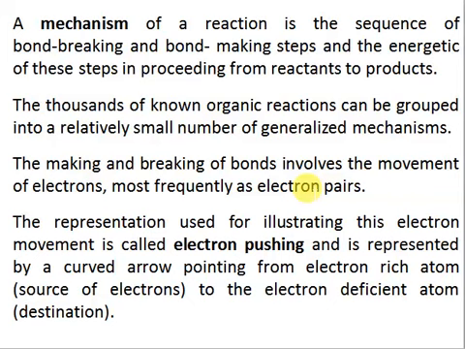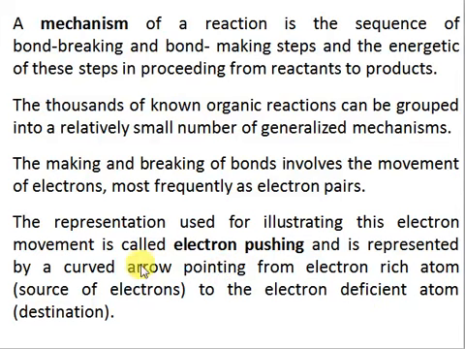right? So when we represent the movement of electrons, this representation of movement of electrons is known as electron pushing. Right? So this electron pushing is represented by a curved arrow, and the direction of the curved arrow is always from an electron rich atom or group of atoms to an electron deficient atom or group of atoms, right?